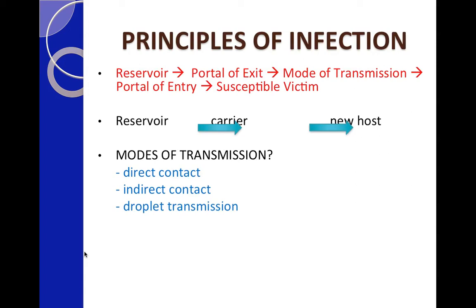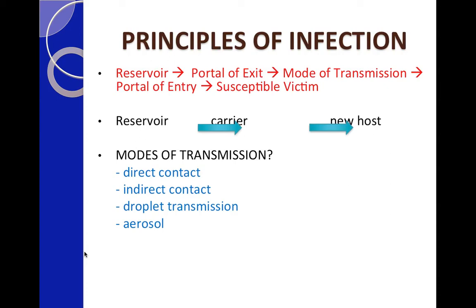Droplet is oral or respiratory. When you have respiratory or salivary secretions that contain the pathogens, they get expelled from the body, and then they end up being inhaled directly by another person. Versus an aerosol, which is somewhat related to droplet, but this is where you have small particles from the respiratory tract that remain suspended in the air, and they travel on air currents, and then they end up infecting a new host who inhales them.